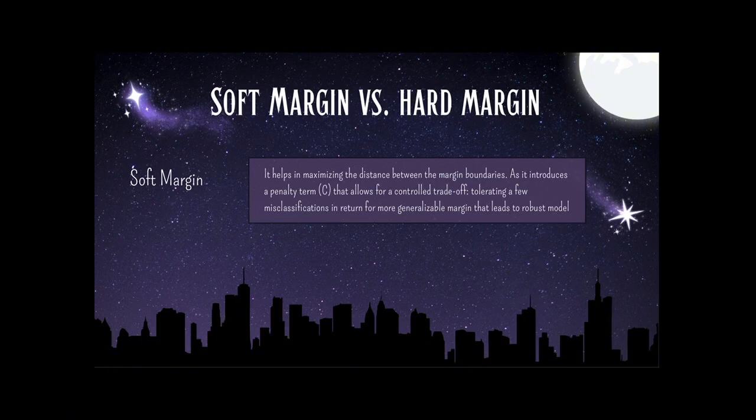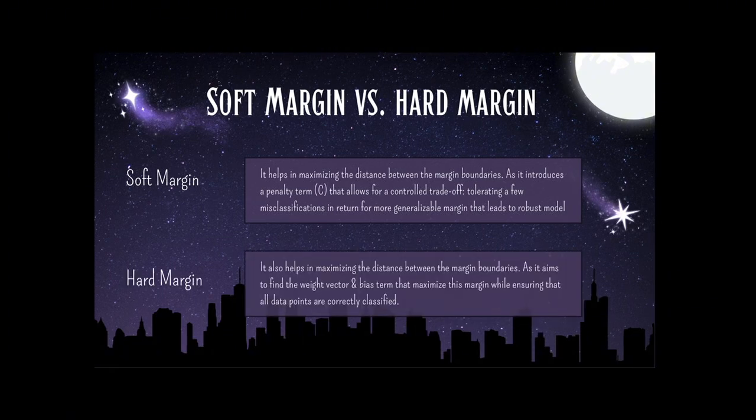It introduces a penalty term, the C parameter, that allows for a controlled trade-off, tolerating a few misclassifications in return for a more generalizable margin that leads to a robust model. Then we have the hard margin. It also helps in maximizing the distance between the margin boundaries, as it aims to find the weight vector and bias term that maximize this margin while ensuring that all data points are correctly classified.